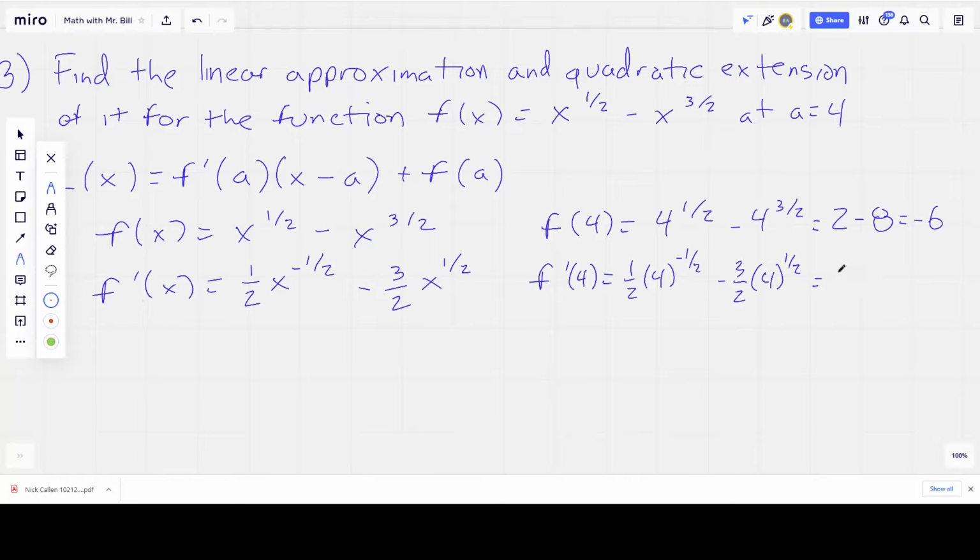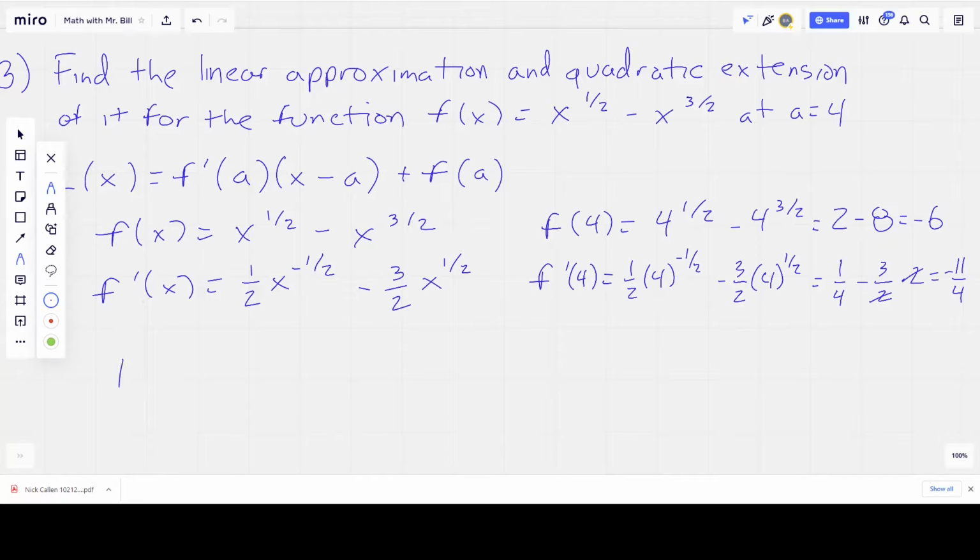And then times 1/2, that's going to give us 1/4, minus 3/2 times the square root of 4, which is 2. So then we get 1/4 minus 3, which is 1/4 minus 12 quarters, which is negative 11 quarters.